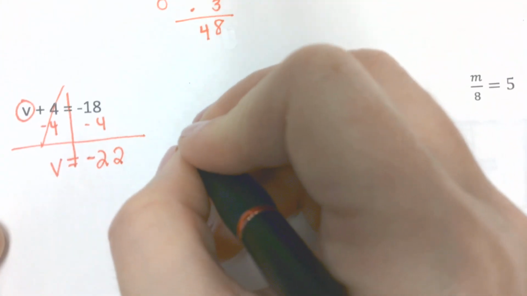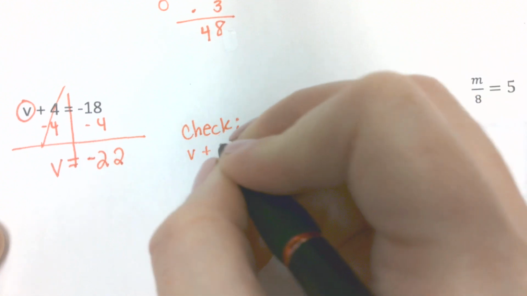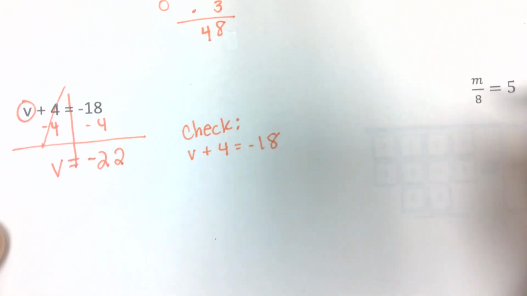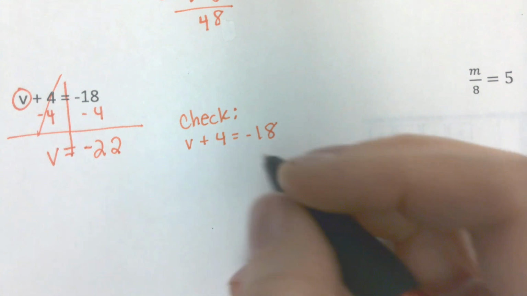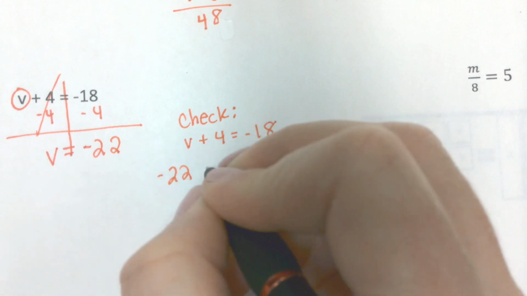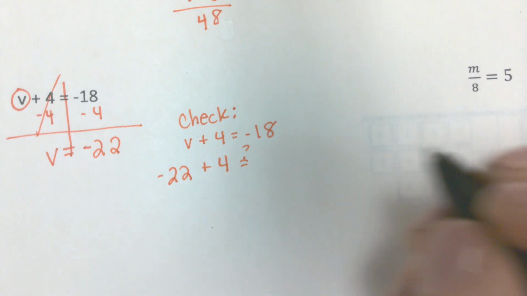So then we check it. V plus 4 equals negative 18. Substitute your number in. So negative 22 plus 4 equal, with a question mark over top, negative 18.